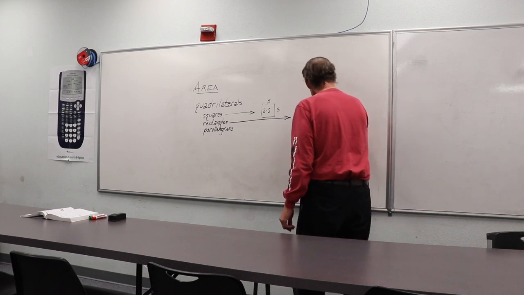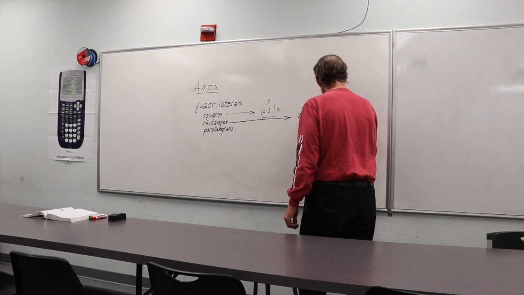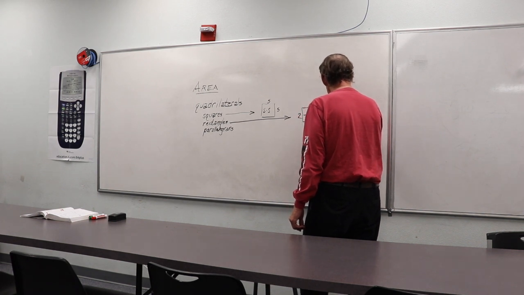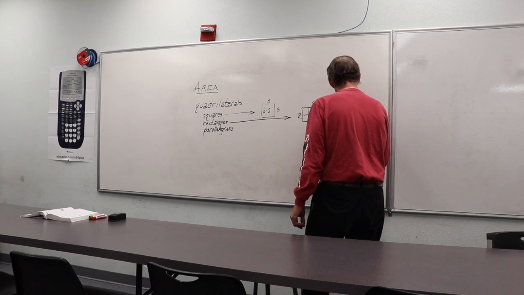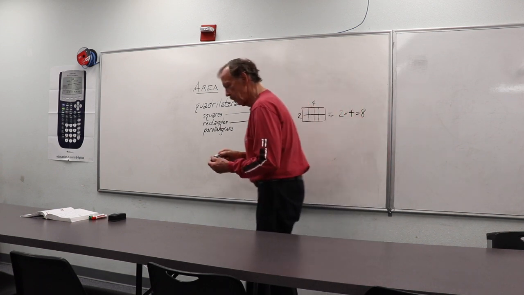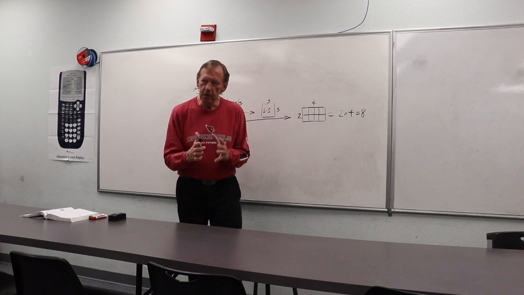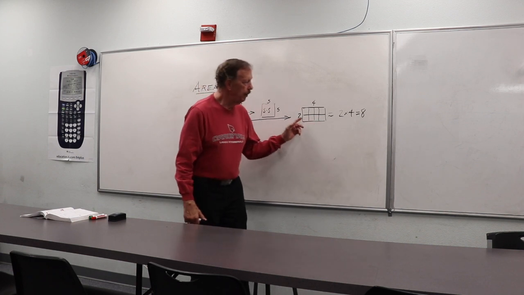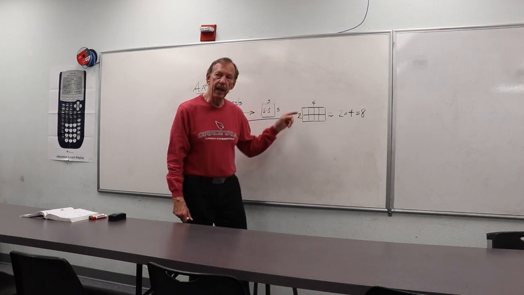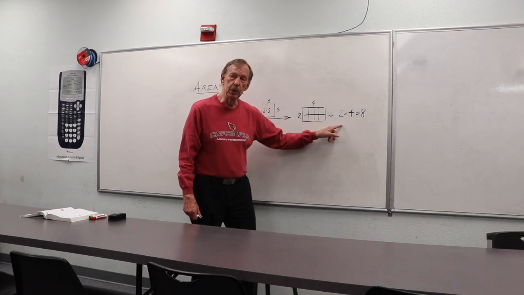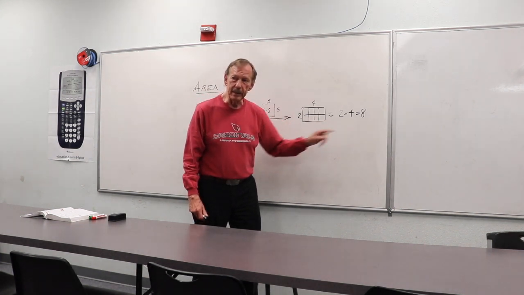So more generally, we have the length times the width. 2 times 4 is 8.